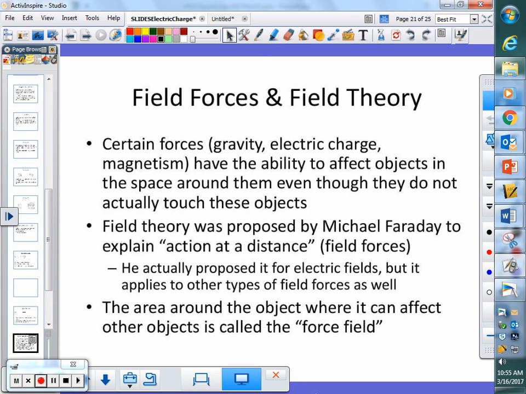That was a problem for a long time. How can there be force if there is no contact? So, in the 1700s, an English scientist named Michael Faraday comes up with an explanation.